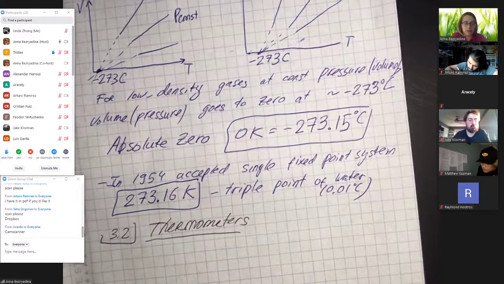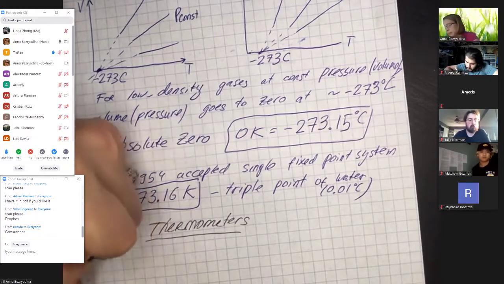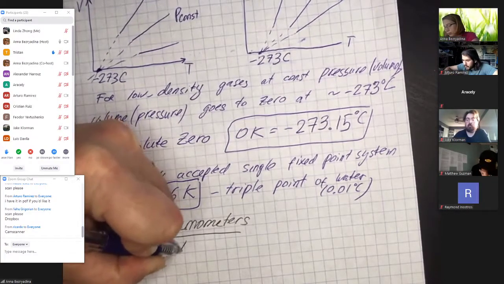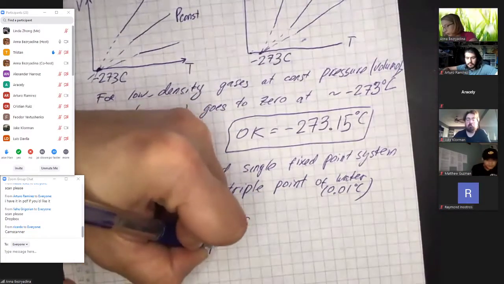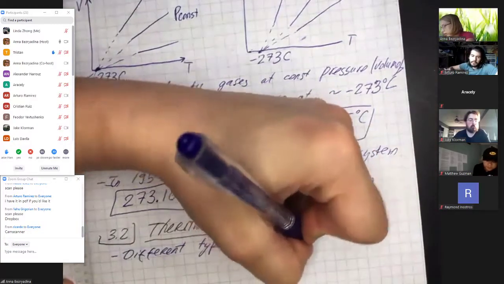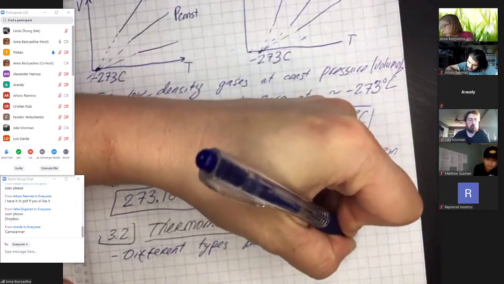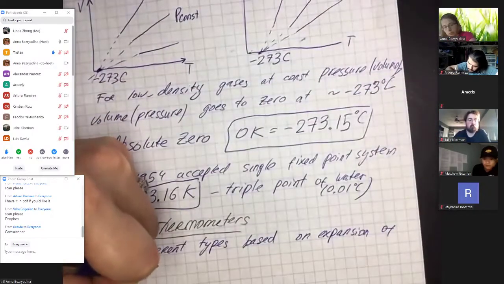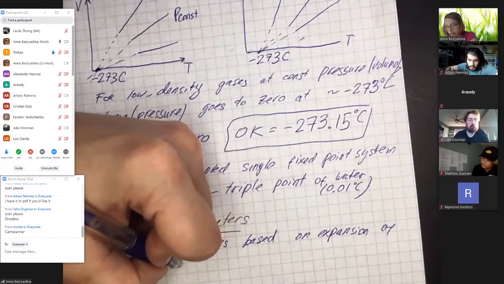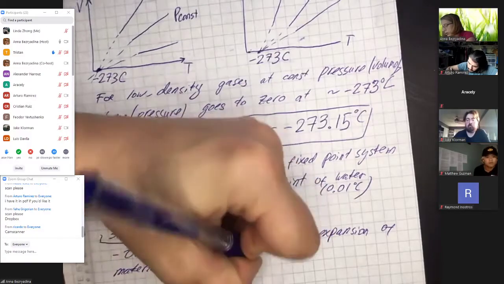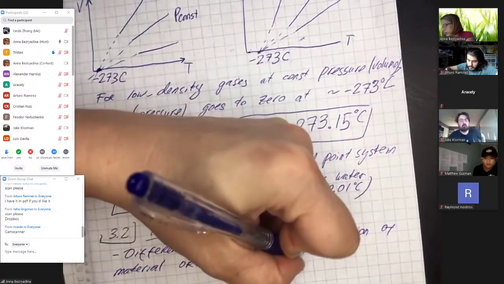You can have different types of thermometers based on expansion of materials or changing its resistance properties.